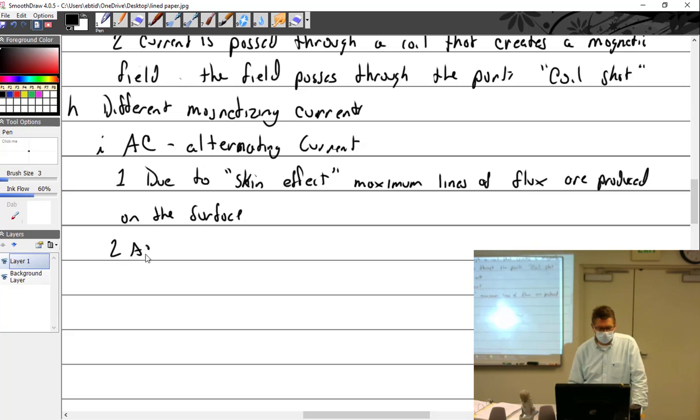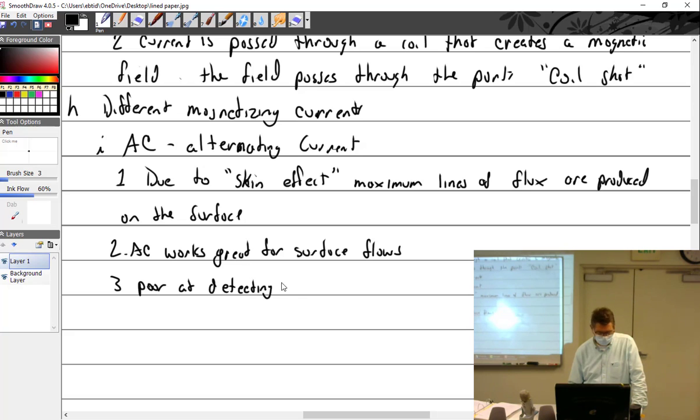So AC works great for surface flaws. Poor at detecting subsurface flaws.